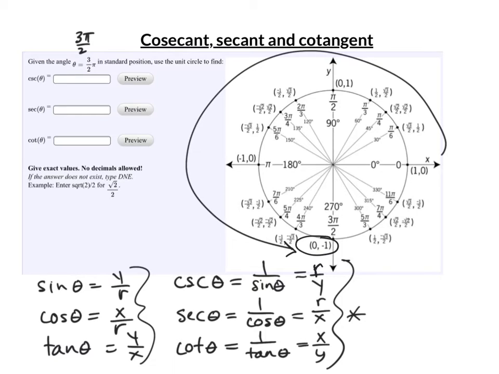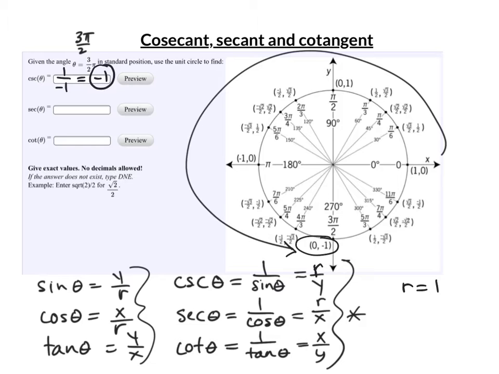Remember, in the unit circle r is always equal to 1. So when we say r over y, our y at that point at 3 pi over 2 is -1. So in fact, this is 1 over -1, r over y, and that of course is -1.